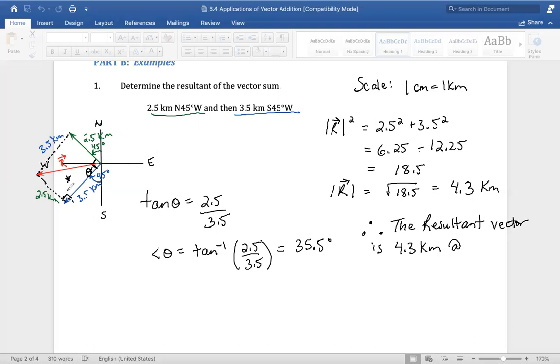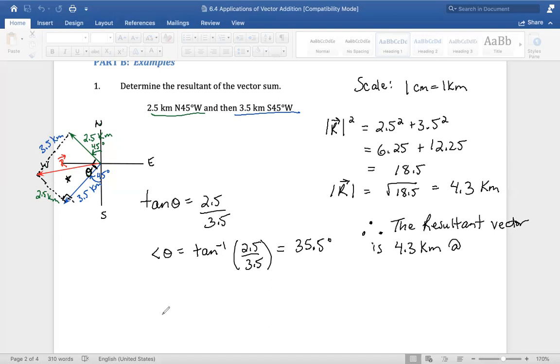So if I'm trying to get the answer for in quadrant bearing, then I have my 45 degrees, but then I also need to add the answer that I have, my 35.5 degrees. So if I have starting south, let's say, just because I chose the triangle at the bottom, then I'm saying I might as well go in the direction of south to west is why I chose that. So starting south, I have this chunk, which is 45 degrees, and then this chunk, which I just figured out, which is 35.5 degrees.